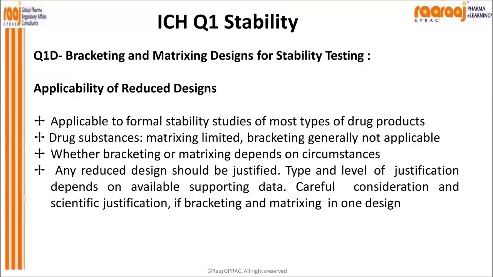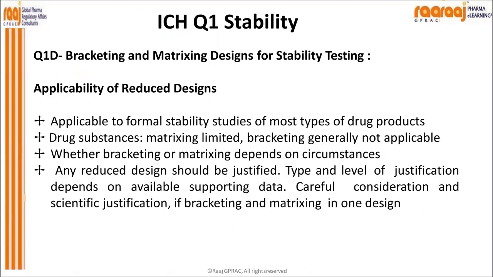So if you multiply, even if you consider 3 batches into 3 packs, 3 into 3, it is a 9, right? Then you multiply by number of conditions, number of months. So at the end of the day, samples taken out will be huge. So analytical load will be huge.